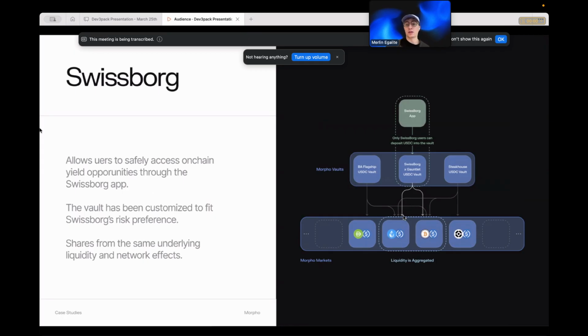So they are deploying capital into wrapped ETH and WBTC markets, which are blue chip assets. So of course it's volatile, but it's considered very safe. And so they're deploying capital into those markets from which borrowers can come here and borrow USDC against WBTC or wrapped ETH.